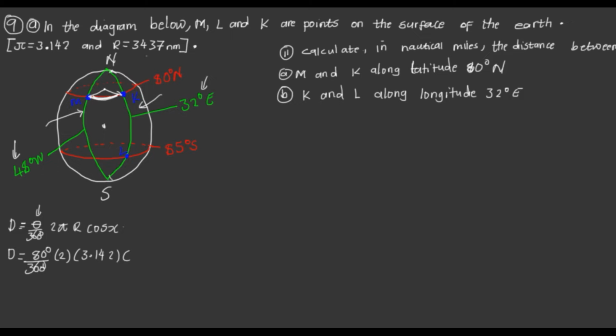The radius, we have been given here, 3437, cos x. Where x is the latitude where the distance lies. We are looking at the distance that lies on latitude 80 degrees, so where there is x, we substitute 80 degrees. So we can just say 80 times 2 times 3.142 times 3437 multiplied by cos 80.